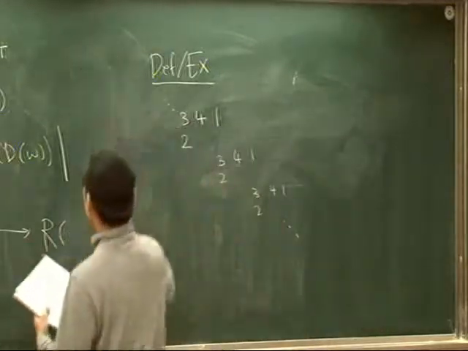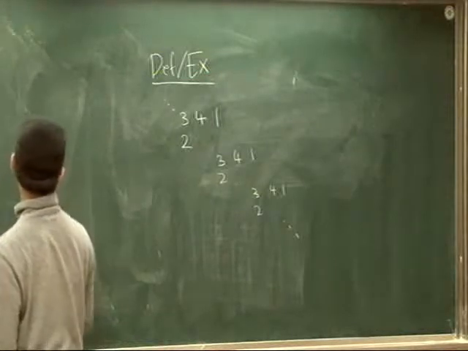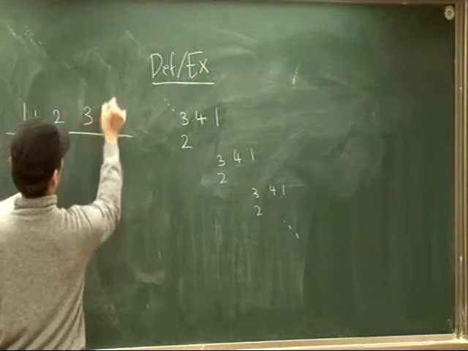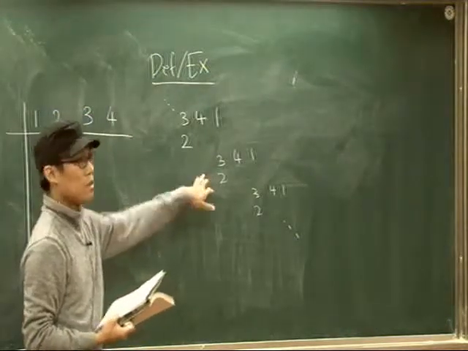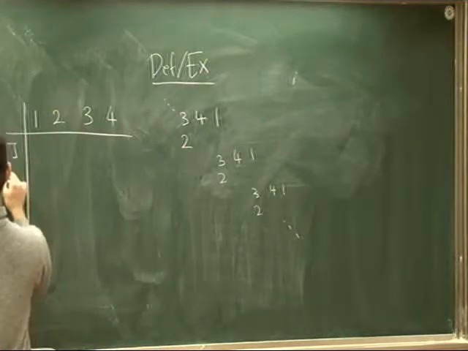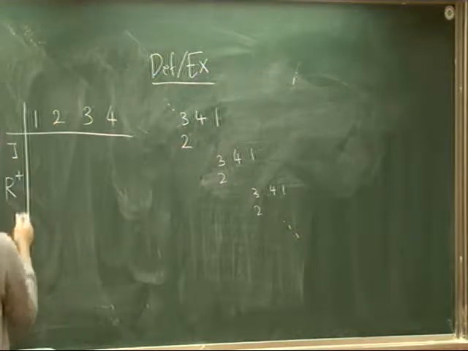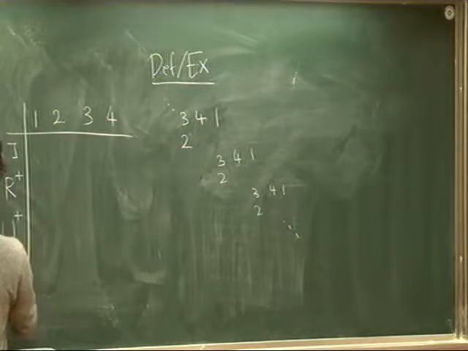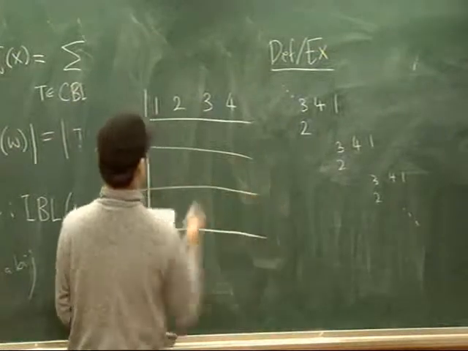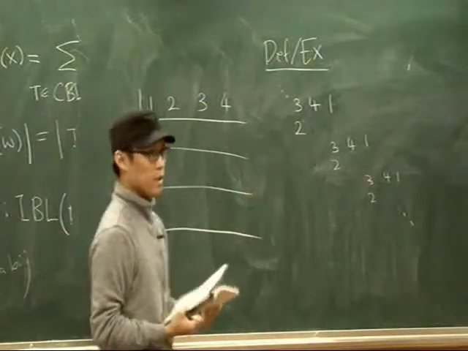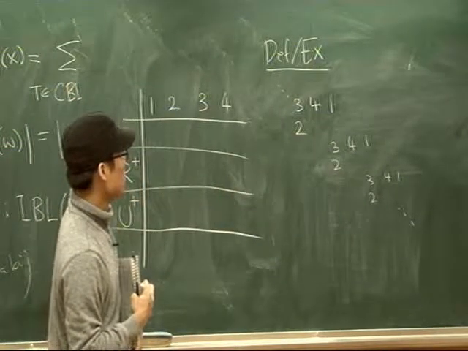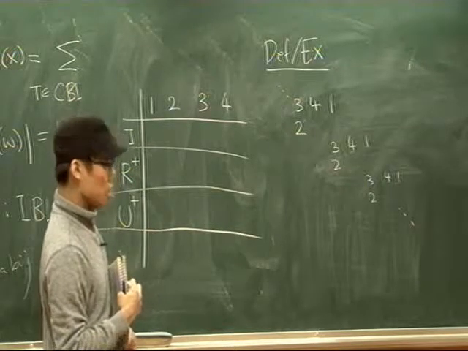Right here, since there are 4 boxes, we write 1, 2, 3, 4 on this table, and we will enumerate some numbers for each box. This i means a row index. So if I interchange 4 and 1, then it is not balanced anymore, right?